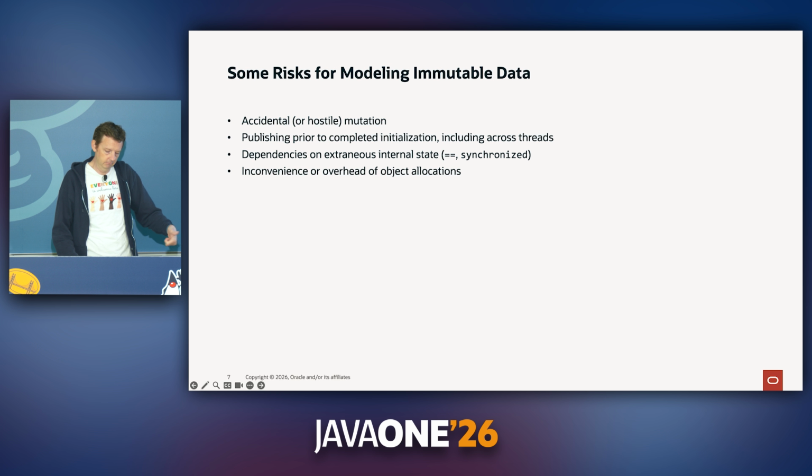Another issue here is the perception that if you're creating new objects all the time, that's going to be bad for performance. That's going to add to memory management overhead. So it's better to make in place modifications.